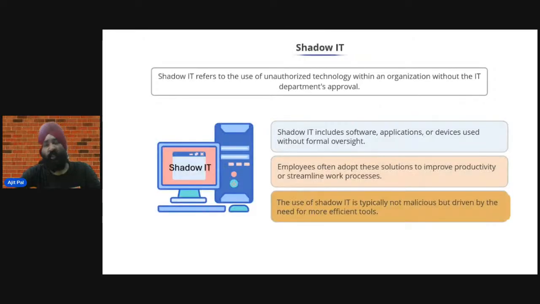Then you have shadow IT. Shadow IT is not intentional. Sometimes it is unintentional, most of the time it is unintentional. For example, there is a training going on, and a senior network leader is there in the training.